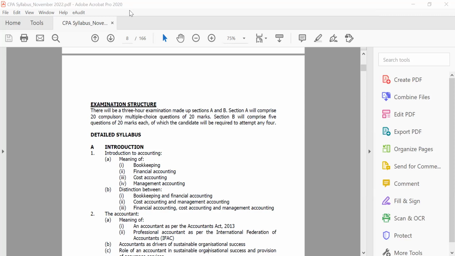Well, the income statement, which is the statement of comprehensive income, helps us to understand the revenue, the expenditure, and whether an entity has made a profit or loss.